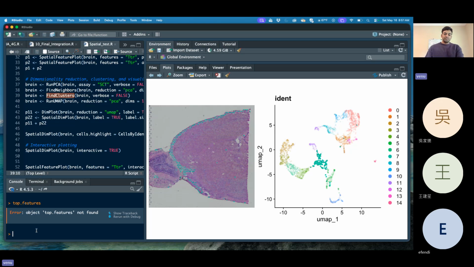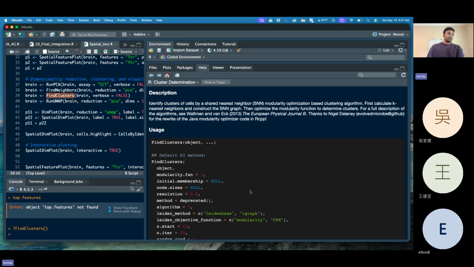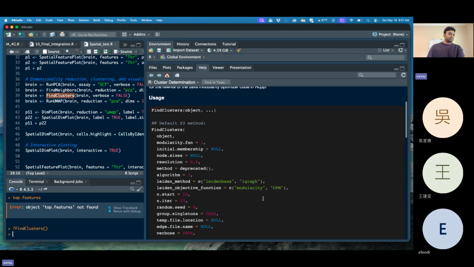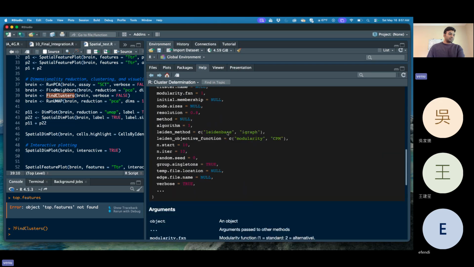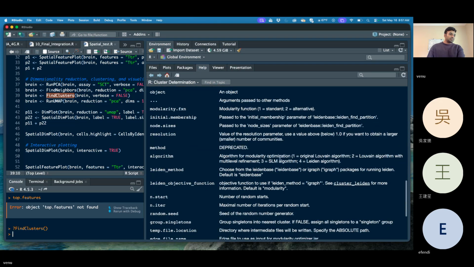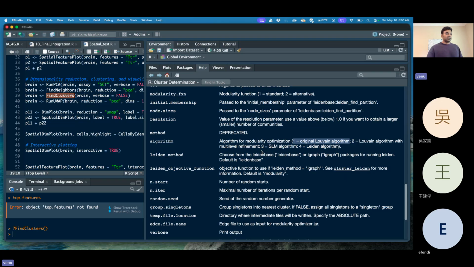Let's simply go into this. There are other parameters, if we want, such as modularity and CPM. If we use this option, it uses the algorithm with multi-level refinement, and another one is the SLM algorithm.